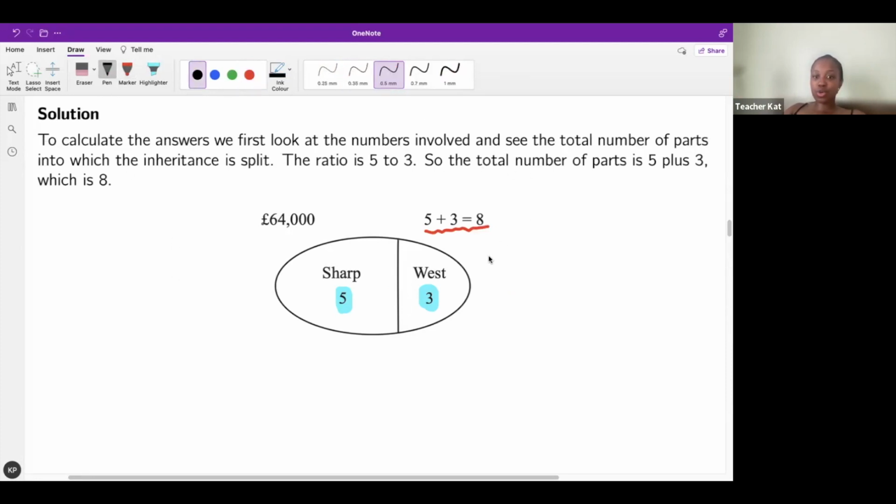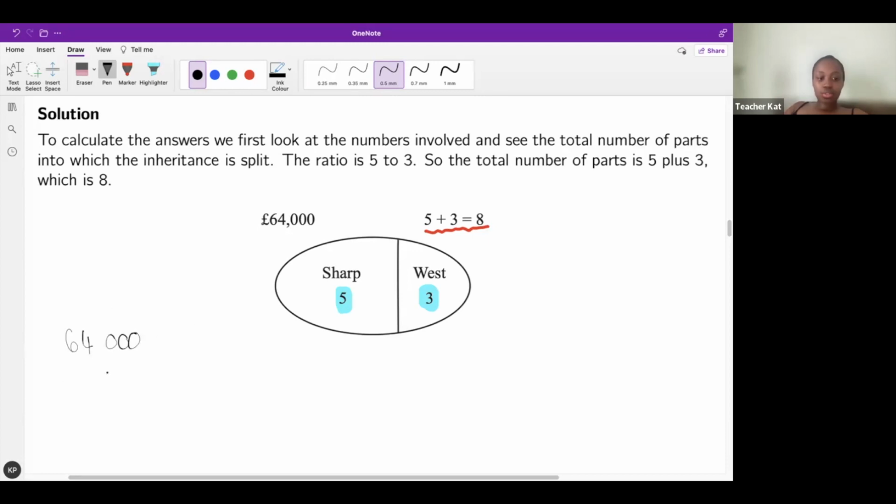What happens after we know how many parts in total this has? Does anyone know? Nice. We're going to divide by? Oh, but that's timesing and dividing. But I get what you mean, Tebogo.